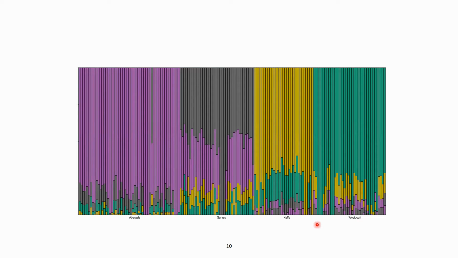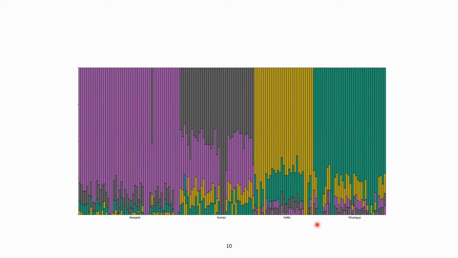I will not go into this question right now, but this is the so-called K value in the admixture analysis. And basically the question is how many subpopulations or how many parental populations should be considered for a particular admixture analysis.